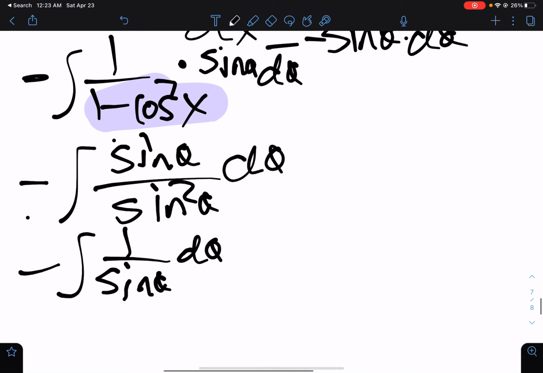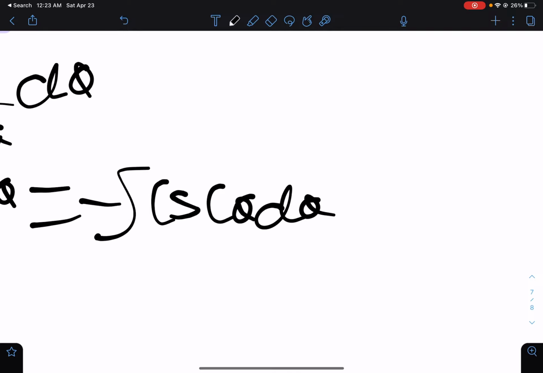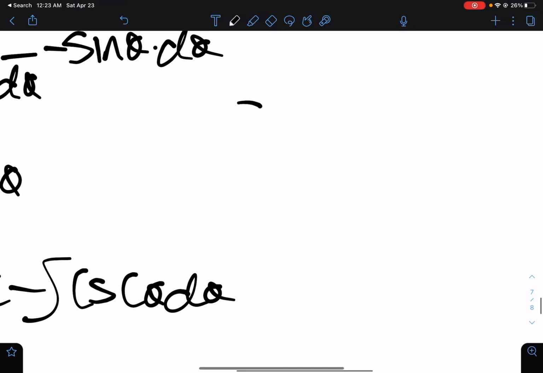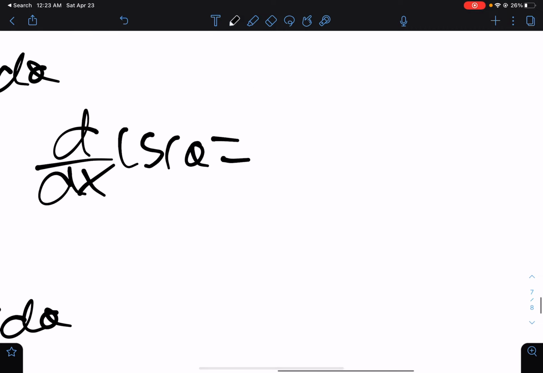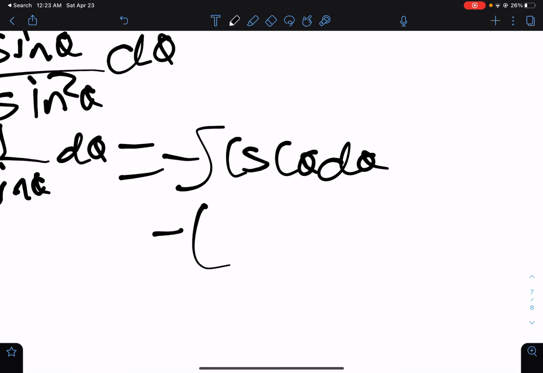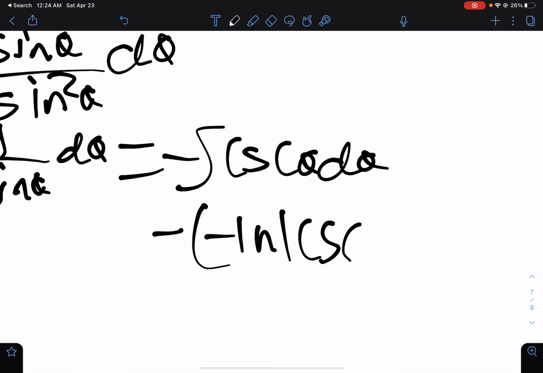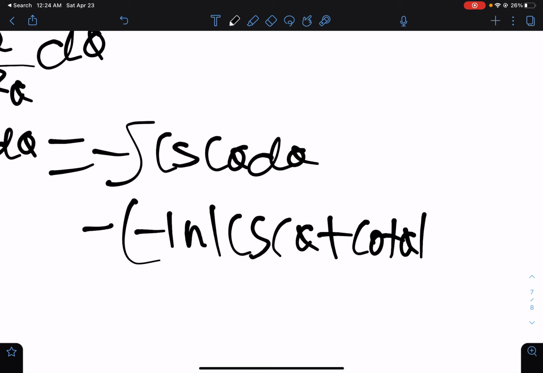And hopefully this isn't a pleasant integral, but if you know your tables, which I was lucky enough to just memorize, my trig derivatives, you should know that the integral of cosecant theta is negative natural log of cosecant theta plus cotangent theta.